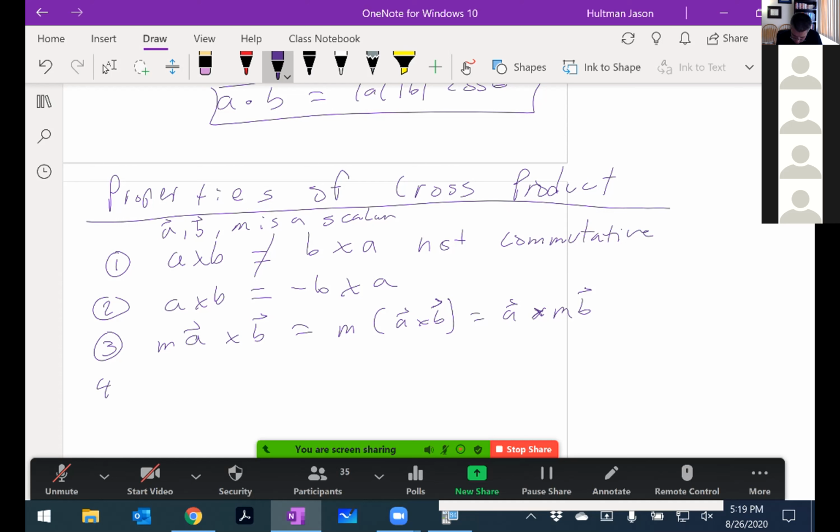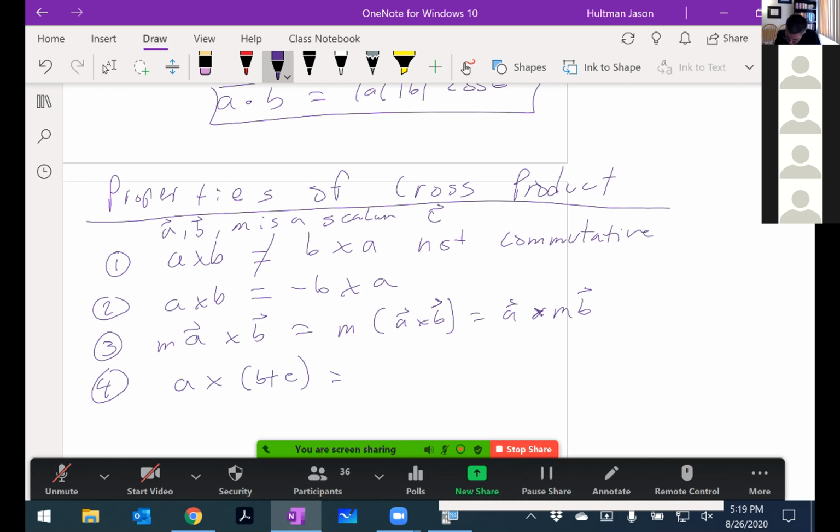Number 4. A cross B plus C. So we got 3 vectors here, A, B, and C. C is a vector.